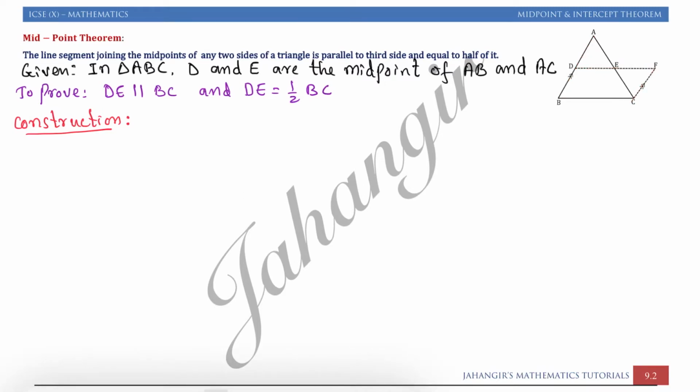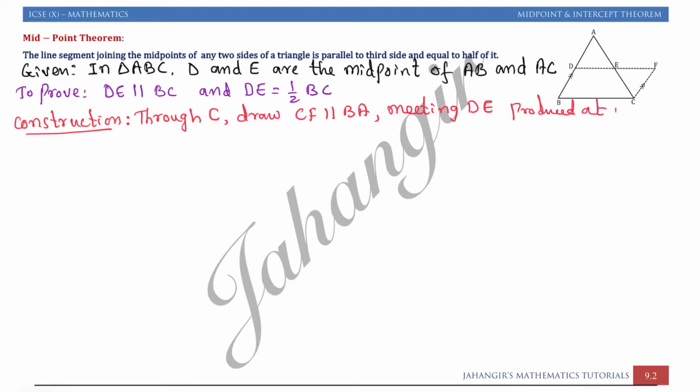So we will say through C draw CF parallel to BA, meeting DE produced at F.